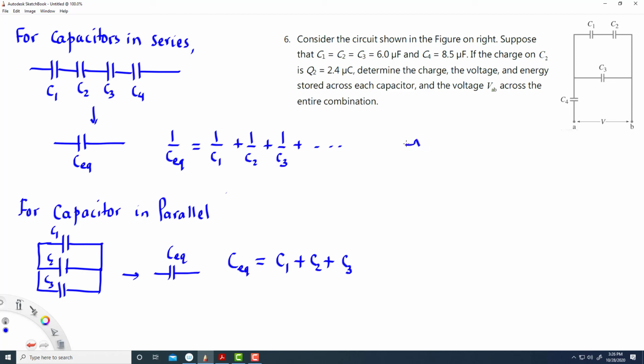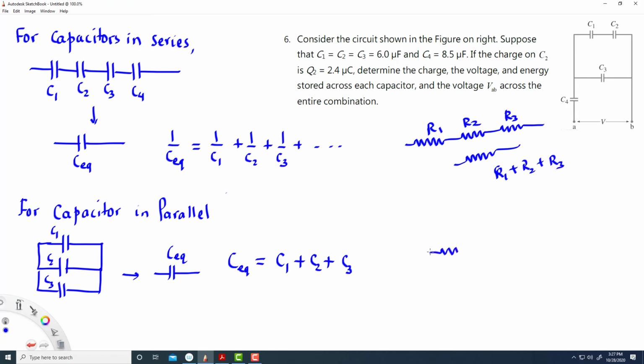So when resistors were in series, R1, R2, R3, the combined resistance is given by the sum. Okay, R1 plus R2 plus R3, but here it is the reciprocal.